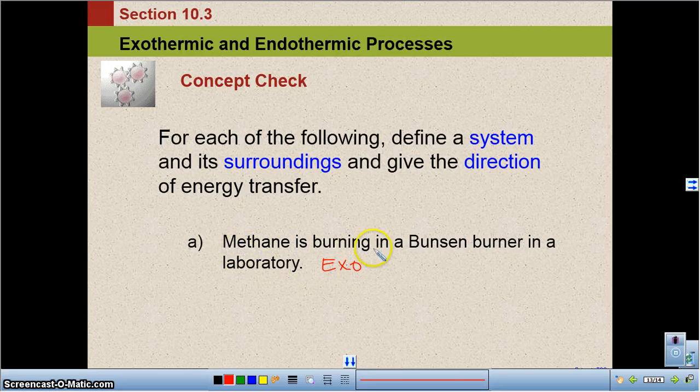So what are the surroundings? Everything else except for the methane burning. In this case, the system is going to be the methane and the oxygen that are burning to produce the carbon dioxide and water. Everything else is considered the surroundings.